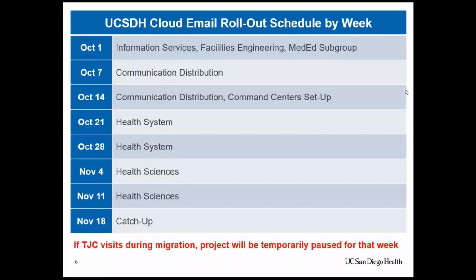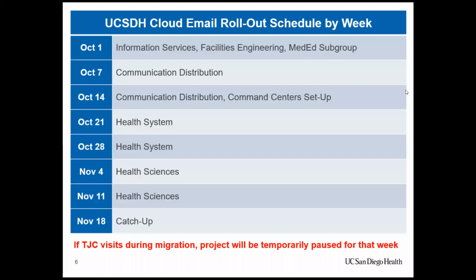Here's the high-level schedule for the rollout by weeks. So tomorrow, all of us will be going, along with some folks in the facilities engineering department, as well as a subgroup of MedEd, that's Dr. Lander's team. That will all happen overnight tonight into tomorrow. The week of the 7th, we'll be sending out more communications, as well as more communications the week of the 14th and command center setups.